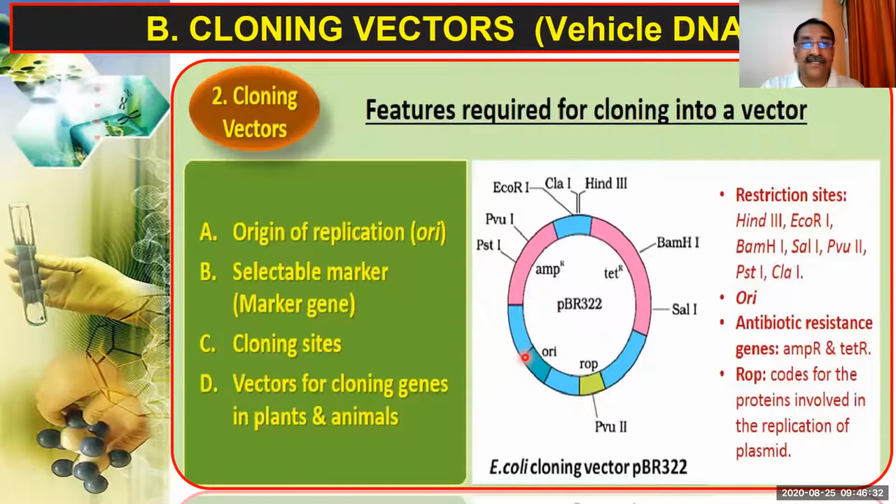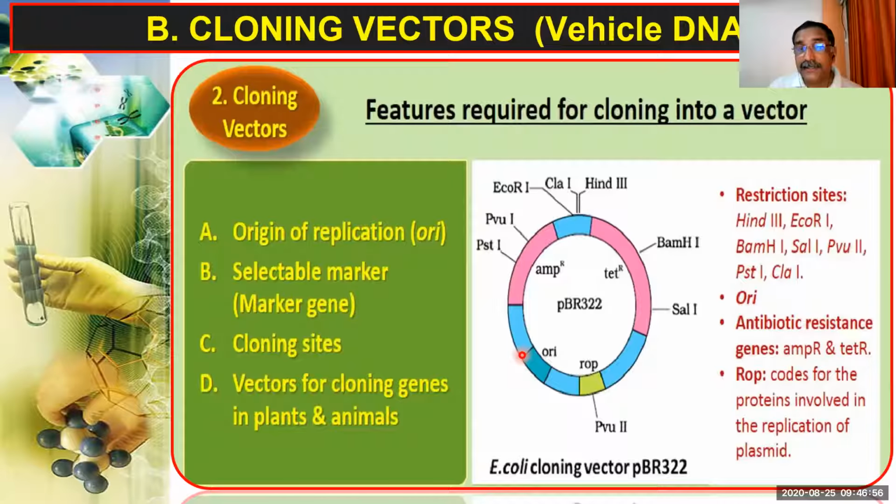That is the origin of replication, and that must be a character of a plasmid. Then in addition, a selectable marker or marker gene must be there. So first of all, the origin must be there.